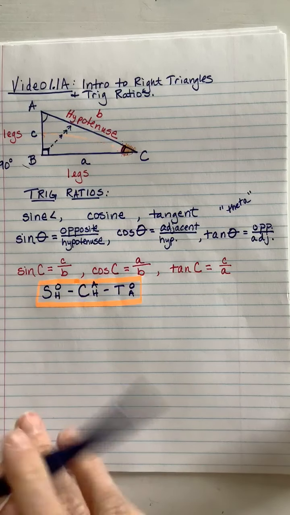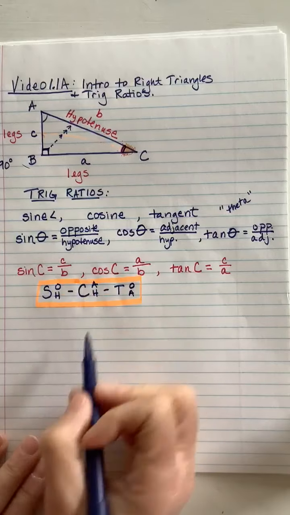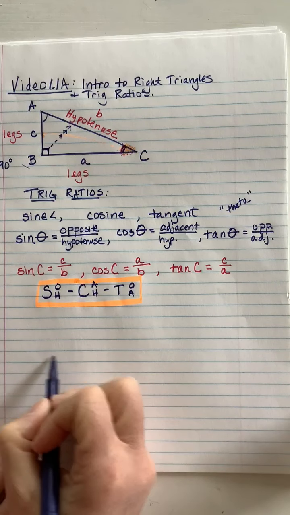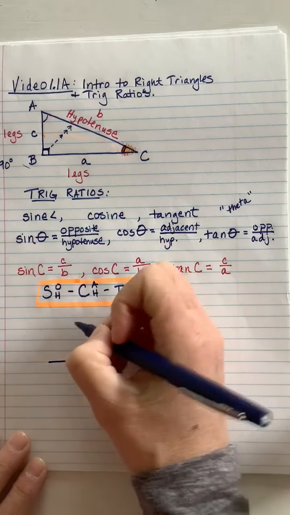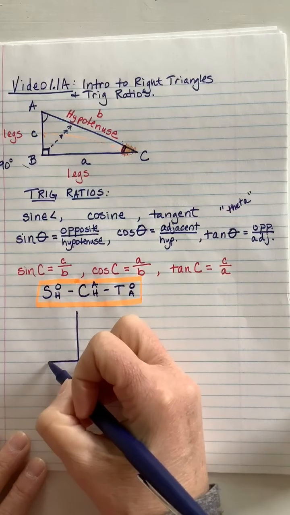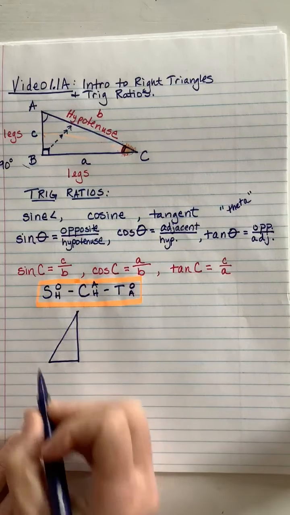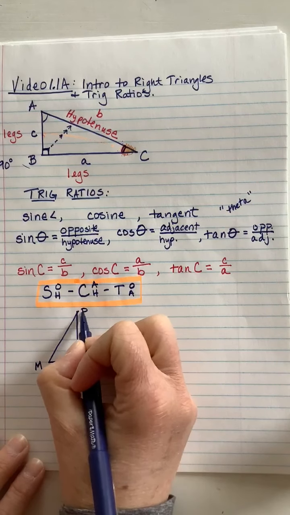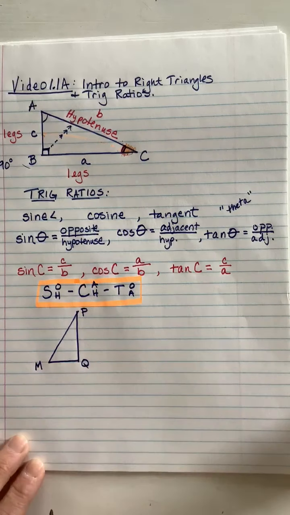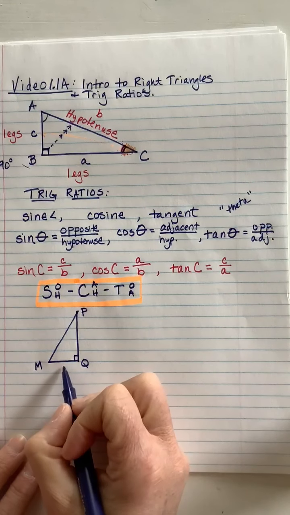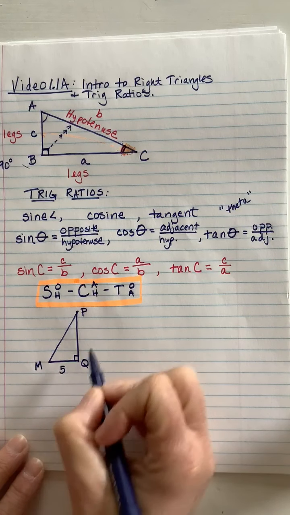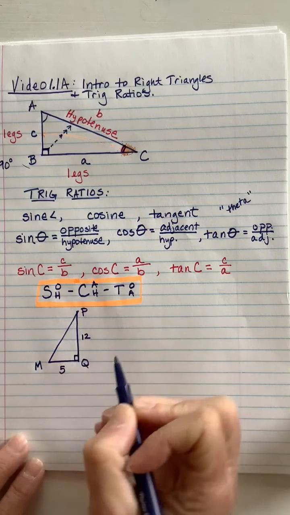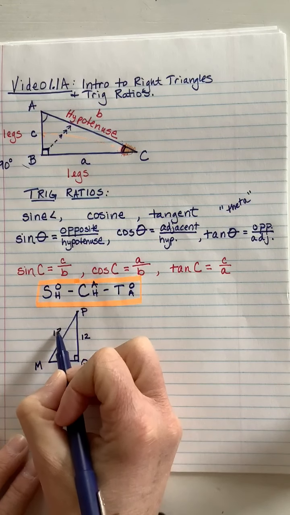I'm sure you remember. Okay, so let's take a look at a random triangle. I'm going to draw it a little differently here. What if I draw it looking like this? Some kind of right triangle. And let's say I've got M and P and Q. I don't know. Here's my right angle. Let's say that this side is 5, and this side is 12, and this side is 13.